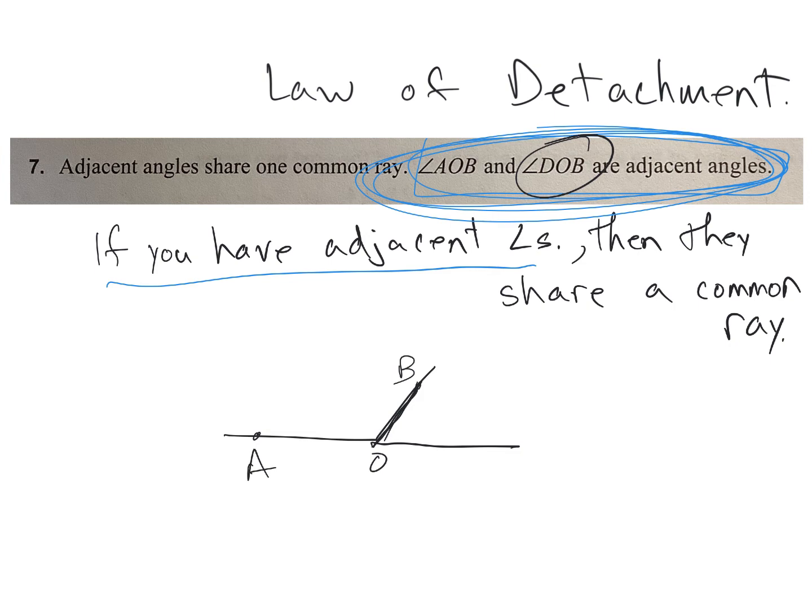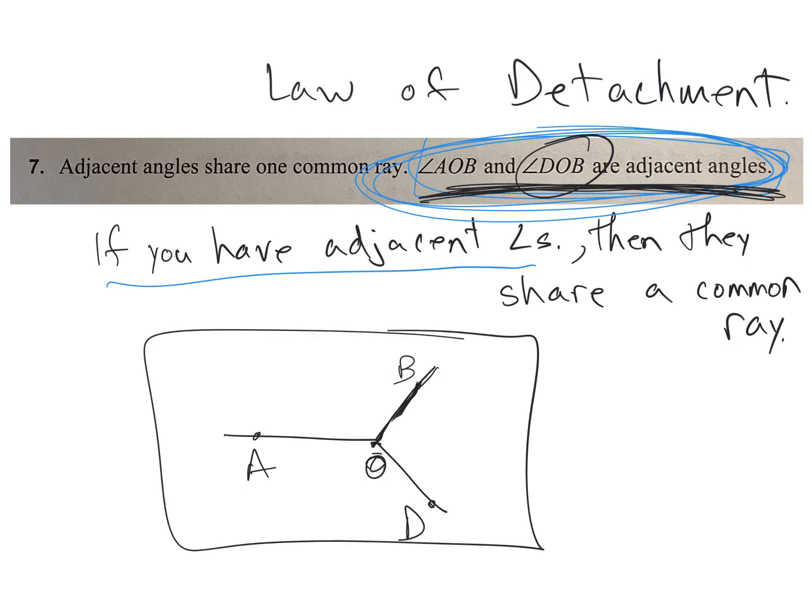Let me just make it different. Okay, it could be D, O, and B, D right here. Okay, so based on what they gave you as a statement, this picture is that statement. You didn't have to draw it, but you should have understood that they had a shared ray. OB is their shared ray.